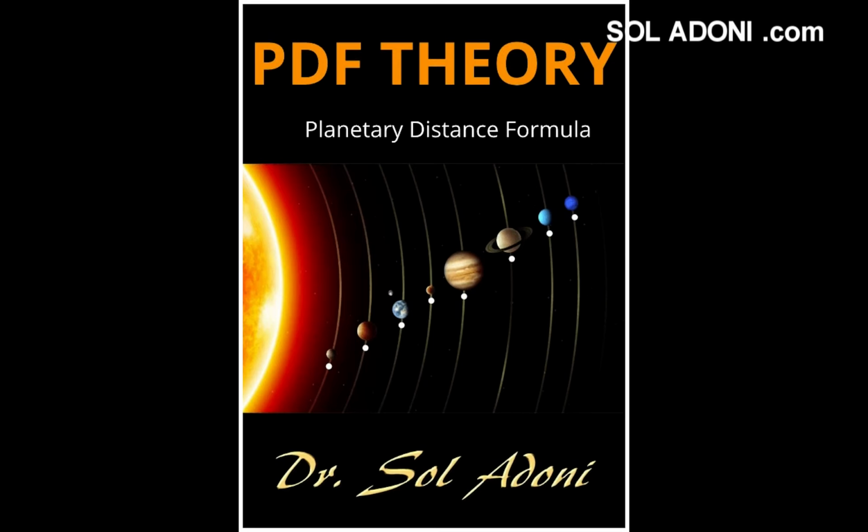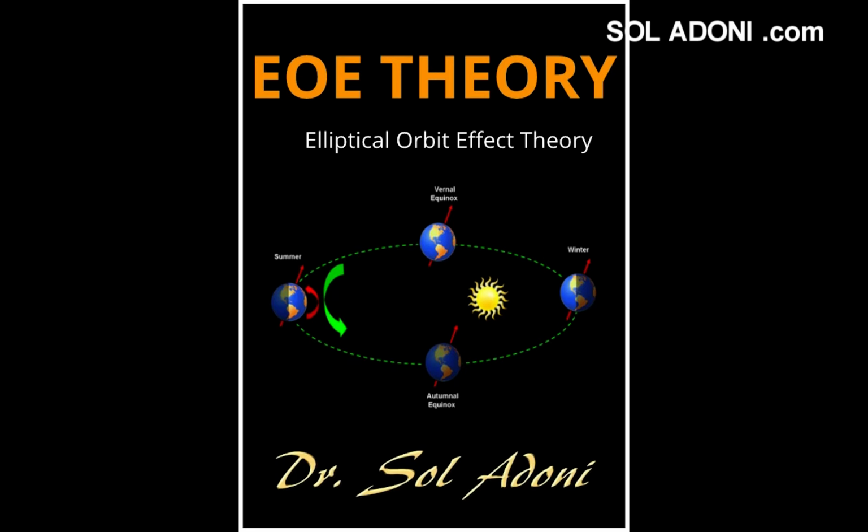Also, the person that discovered PDF theory, which was the adjustment or correction of the first law of physics, which was Titus Bode's. So this is the theory that NASA now uses to find exoplanets in other solar systems. I'm also the creator of what's known as EOE theory, the elliptical orbit effect theory on plate tectonics that the USGS is analyzing to use in quake phenomena.